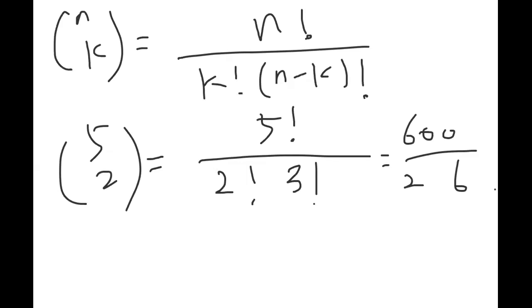So 120 divided by 2 times 6, which is 12, gives 10. This is exactly the same as the answer from the counting method.